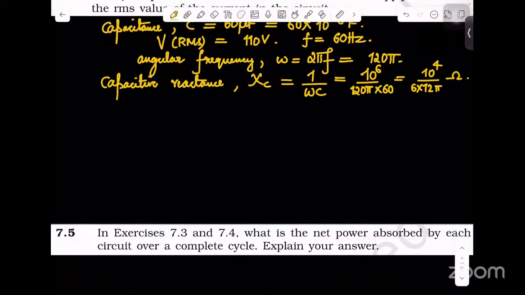Now, the RMS current, as usual, is asked.